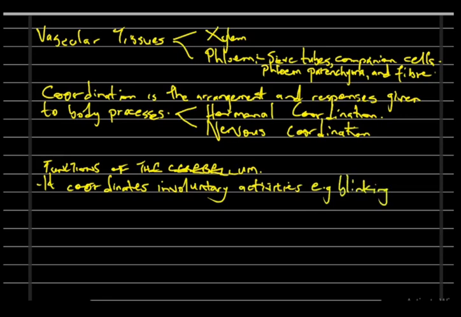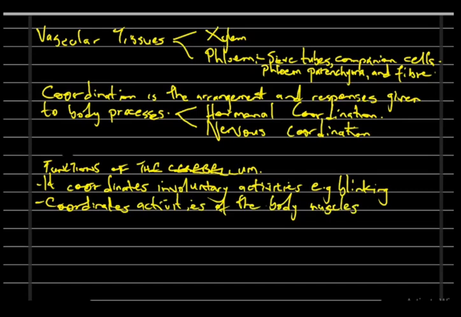Yes, that is an involuntary activity in our body. Jerking of the knee is also an involuntary activity. So those are coordinated by the cerebellum. Other things done by the cerebellum: it also helps to coordinate activities of the body muscles. So some activities that our body carries out are coordinated by the cerebellum.